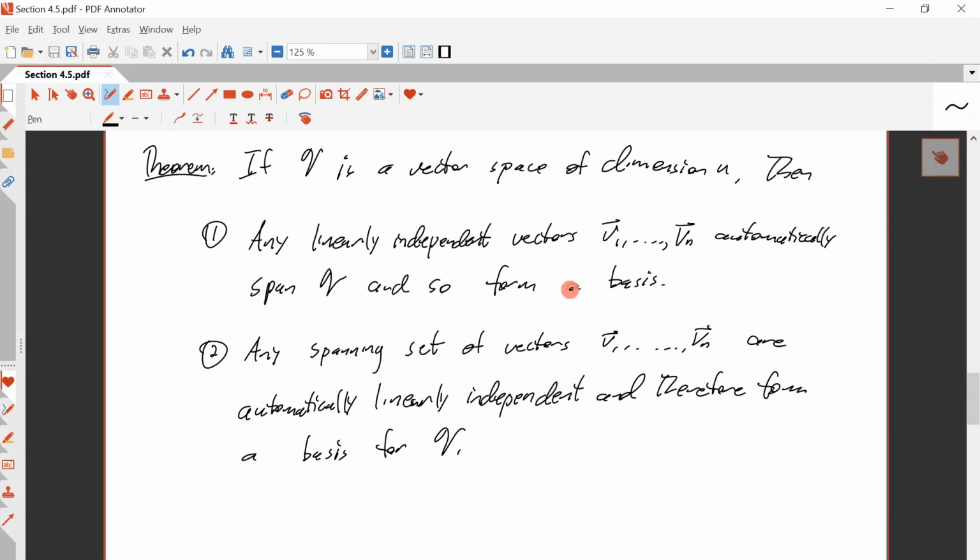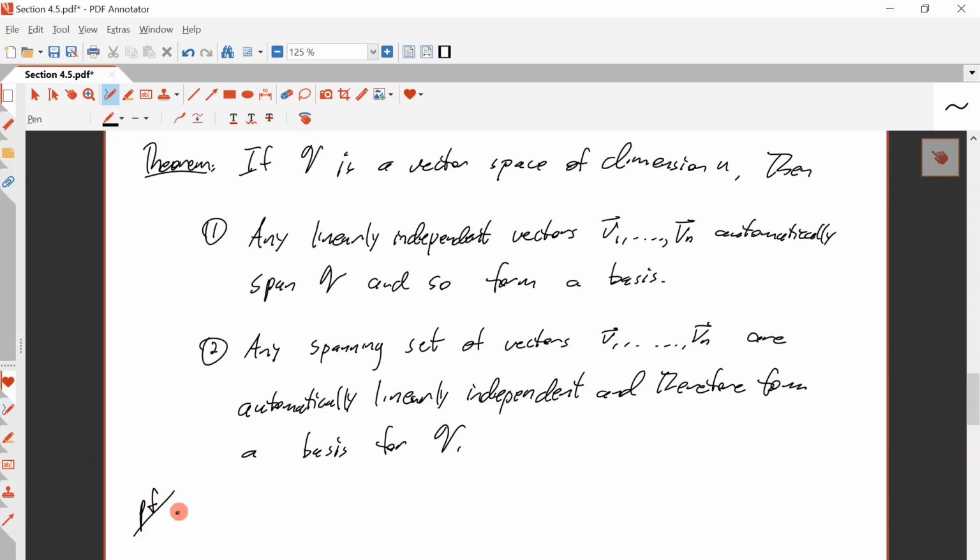It follows from the same argument that we had. Considering V isomorphic to Rn, the vectors v1 to vn are linearly independent.